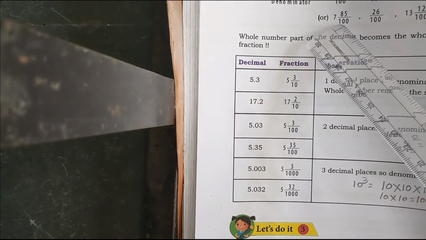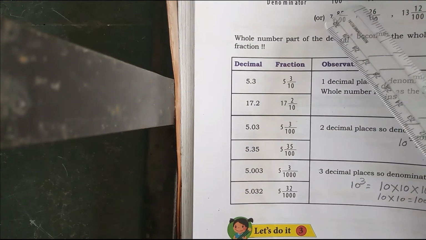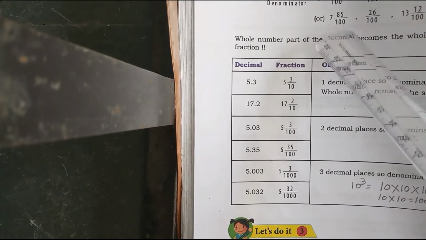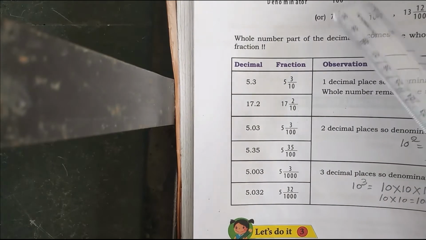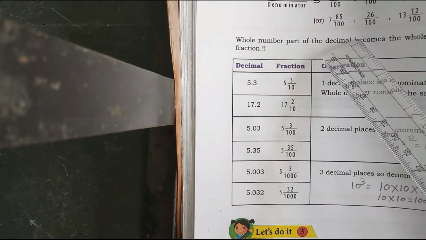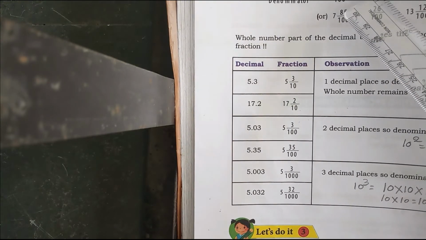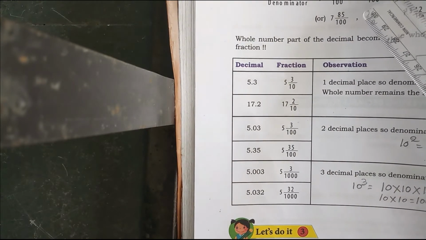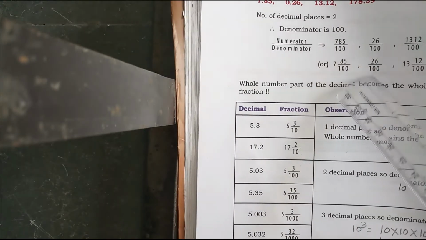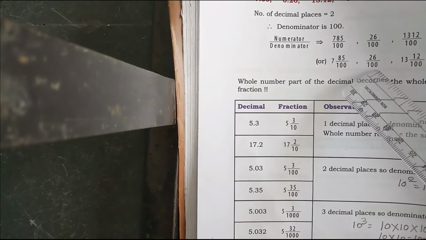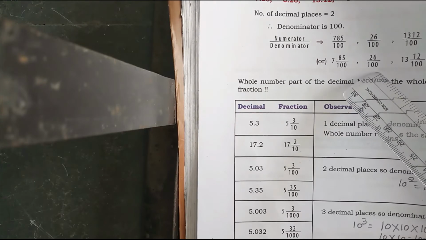In the mixed fraction, 785 by 100 is 7 and 85 by 100. For 0.26, in the improper fraction it is 26 by 100, and in the mixed fraction also we write 26 by 100.